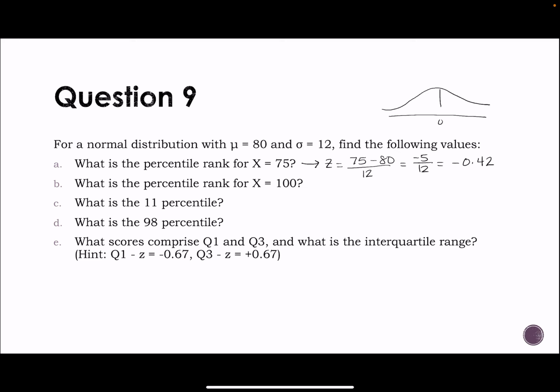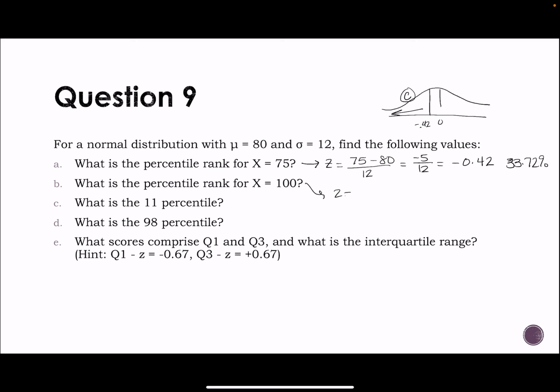So here's my 0, here's my negative 0.42, and I want to be lower, so I am going to look at my column C, because that is the tail of my negative distribution. And when you look that up, you would get 33.72%.